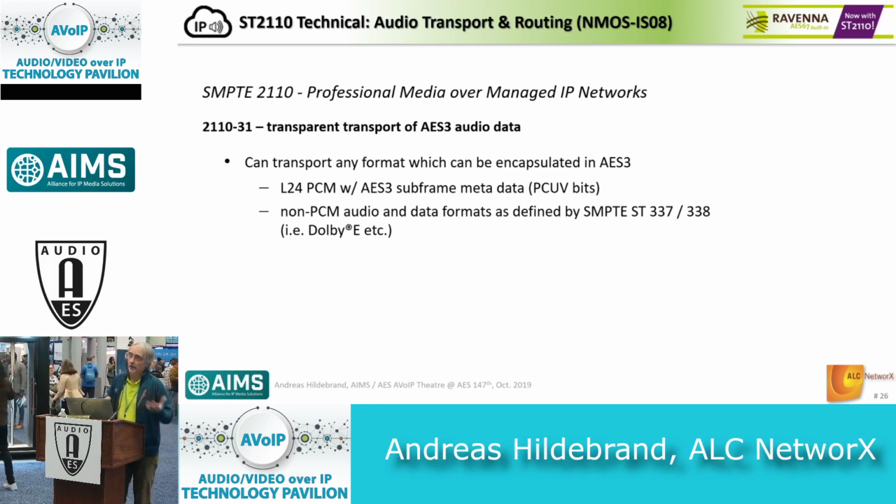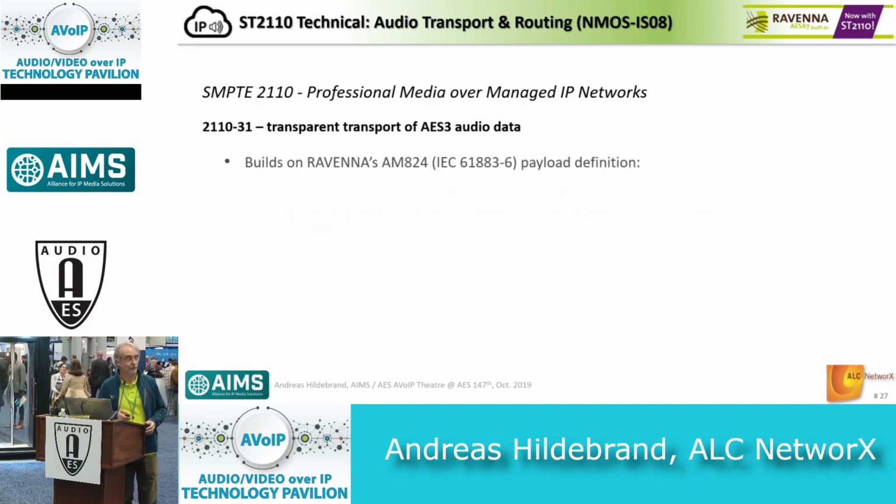So basically, with -31, you can transport anything which can go onto an AES3 line today. It's not just audio with metadata. Any compressed audio format like Dolby E, or even any non-audio format, can be transported with -31 as long as it's encapsulated in AES3.